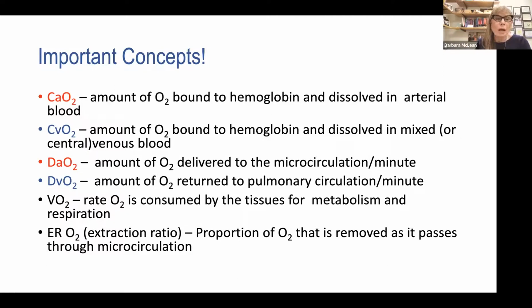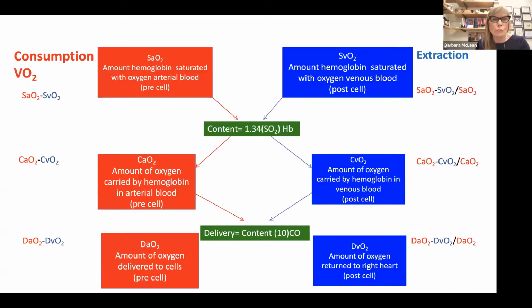Okay, so a lot of times our docs will talk about oxy consumption. That's what this is. They also use the term oxy extraction. These are not the same thing, although oftentimes they refer to them. Oxy extraction is a proportional use of oxygen as it passes through the microcirculation. So that's what the O2 extraction ratio is.